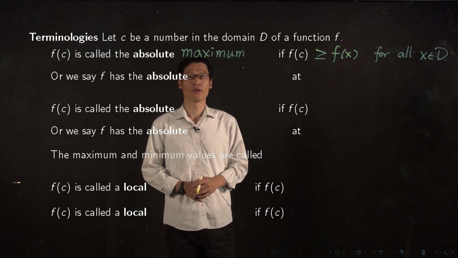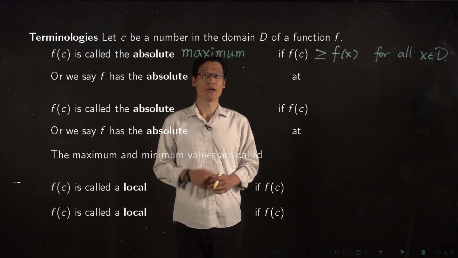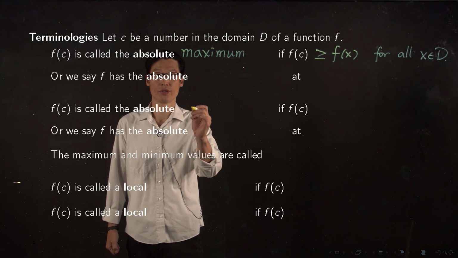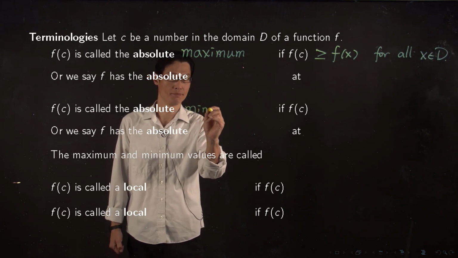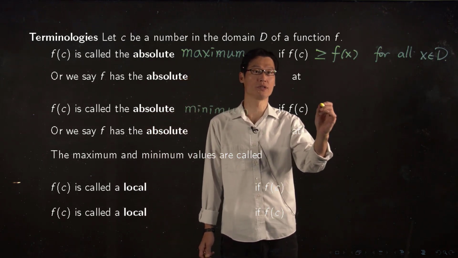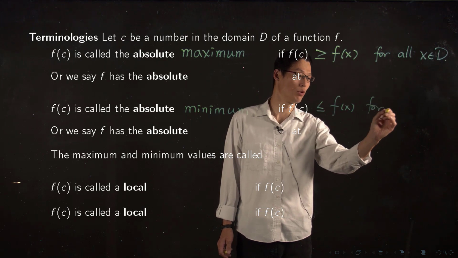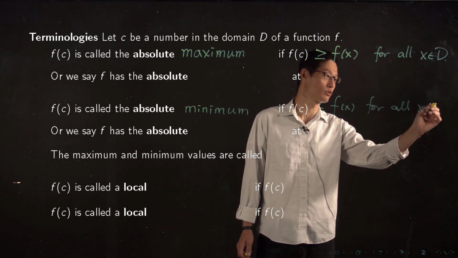Similarly, we say f of c is absolute minimum if f of c is less than or equal to f of x for all x in the domain.